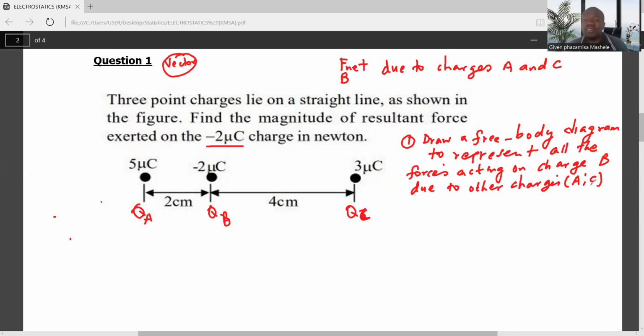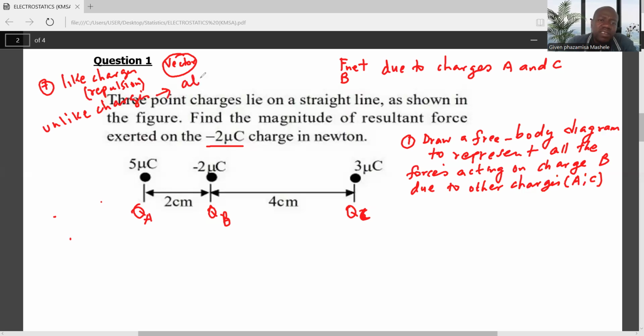And how are we going to do that? We know that like charges always repel. There is a repulsion. But unlike charges, this one I believe we learned in grade 10, unlike charges attract.